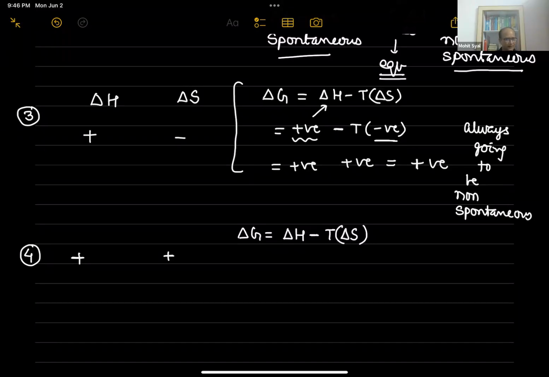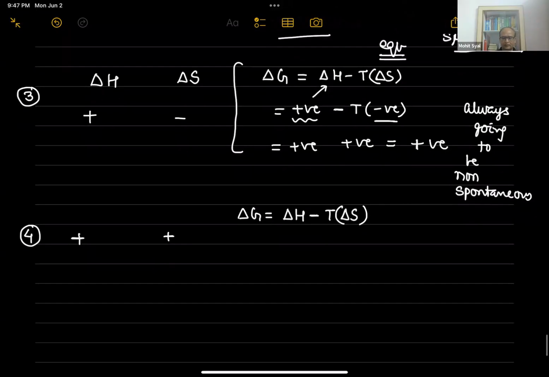I'm going to put these values in delta H minus T delta S. So this is delta G. This is some positive value as it is given over here, minus temperature times the entropy, which is also a positive value, multiplied by a temperature, and there is a negative sign.